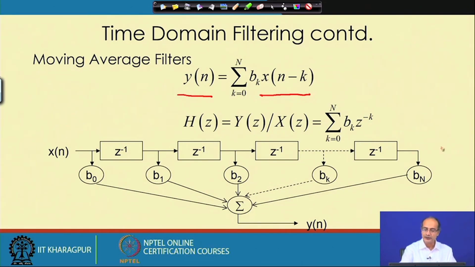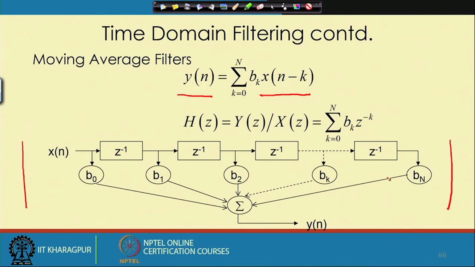Below we show the block diagram: the input is fed to a chain of registers acting as a delay line, and at each step it is tapped and multiplied with some weight. The outputs of the multipliers are added together, and that gives us the output y n.